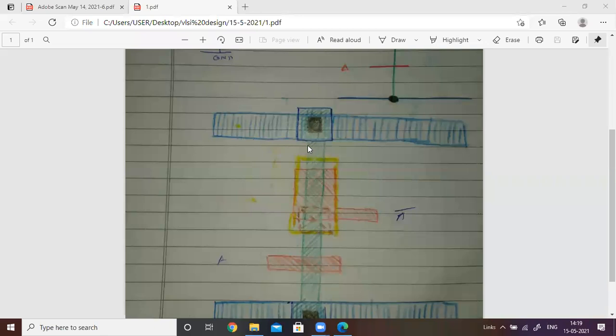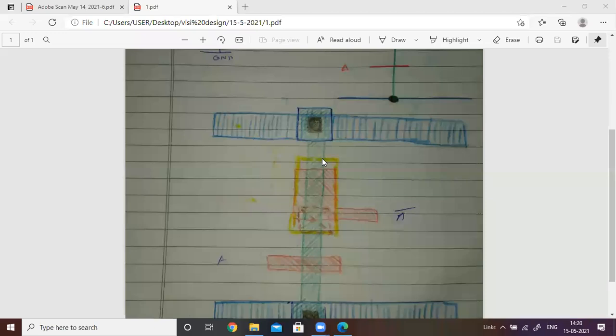Here we have extra space, no problem. The distance between this contact and the boundary of the transistor must be 2 lambda. It may be more than 2 lambda, no problem. Now here I am taking more than 2 lambda.